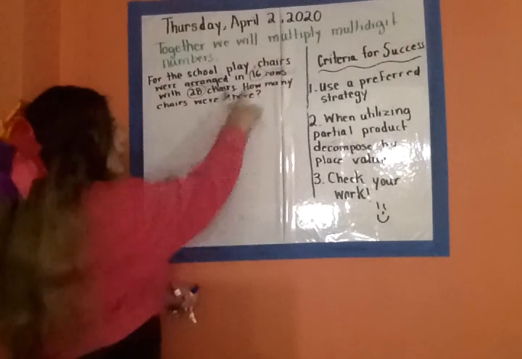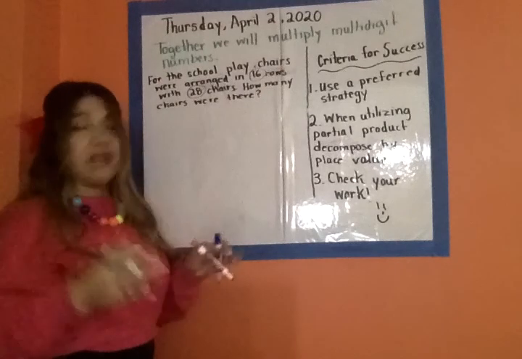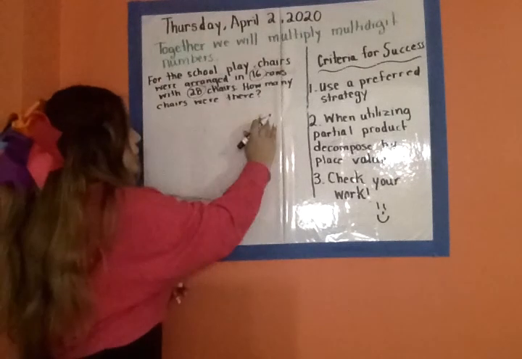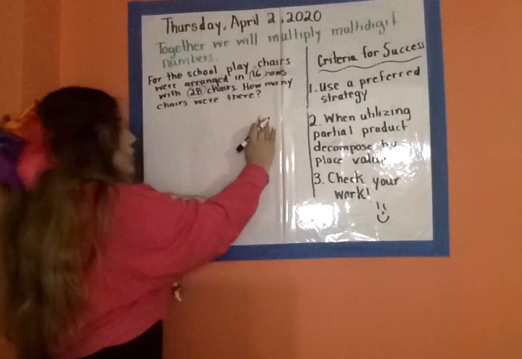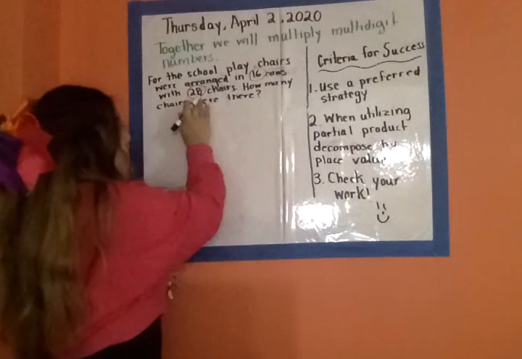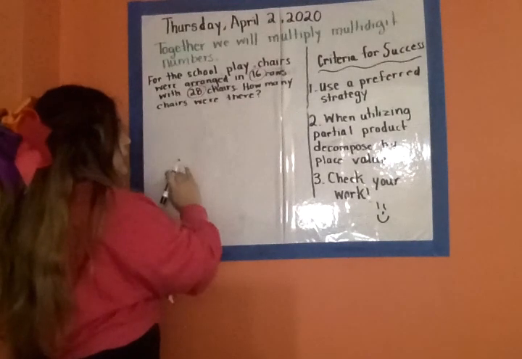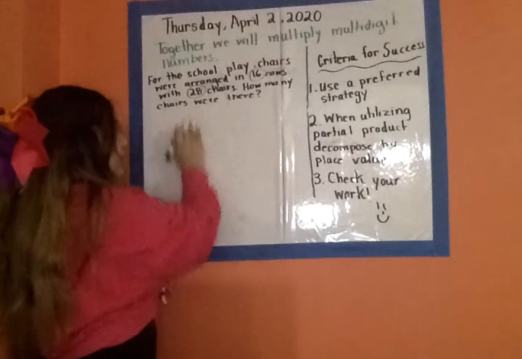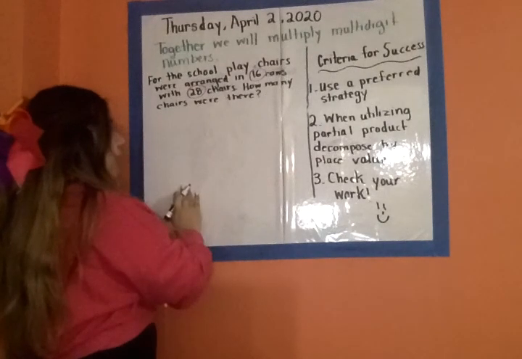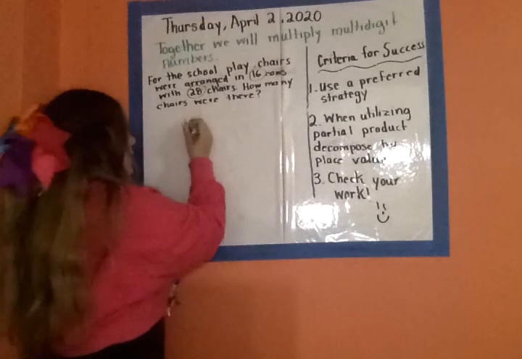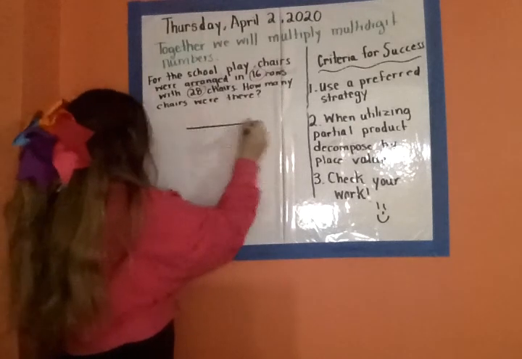I know because 16 is a two-digit number, I'm going to have to decompose the two digits this way. And because 28 is also a two-digit number, I'm going to have to decompose 28 this way. And so we should have a box.